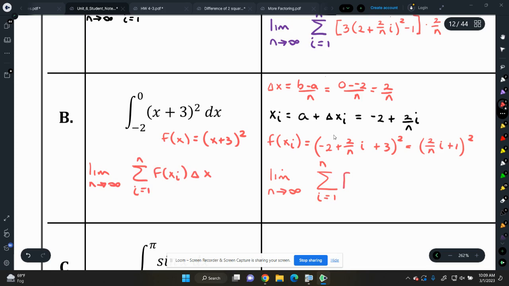So we're looking at (2 over n times i plus 1) squared times 2 over n. We're finished.